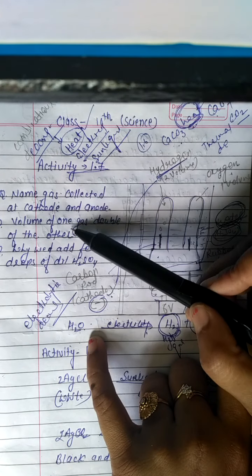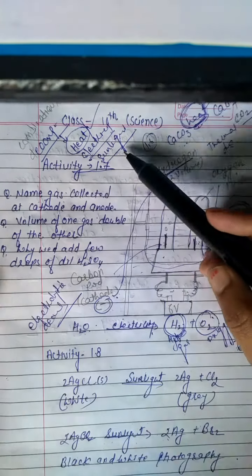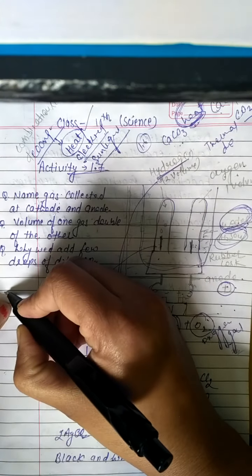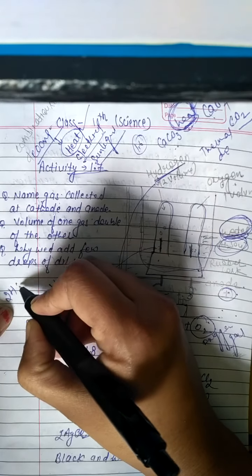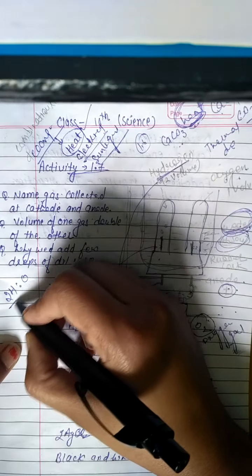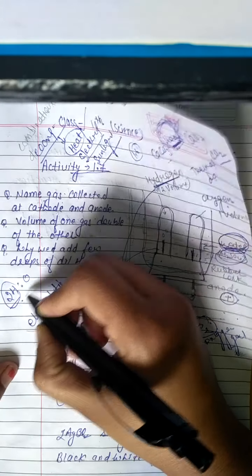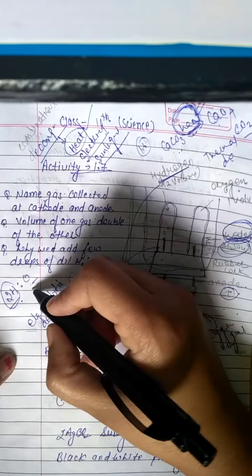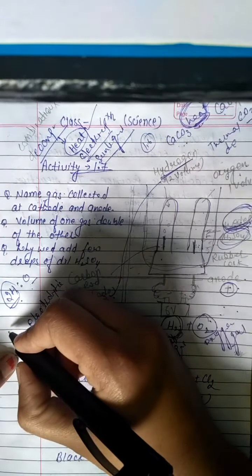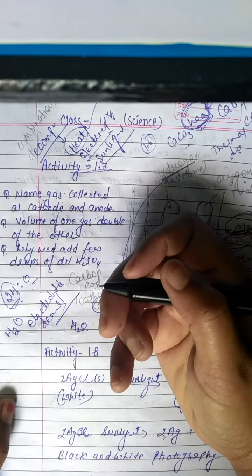Next question: the volume of one gas is double that of the other. Hydrogen gas is released in double the amount compared to oxygen. What is the reason behind it? What is the formula for water? It is H2O.